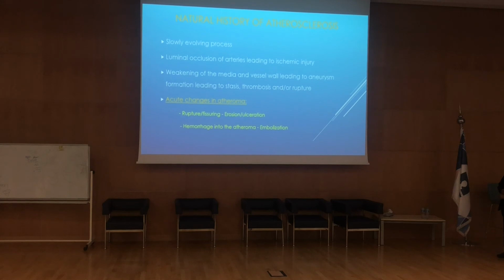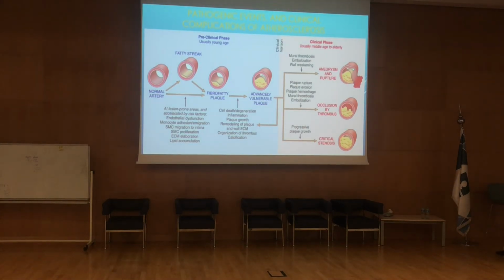What are the acute changes? Rupture, fissuring, erosion and ulceration. Once there is ulceration, they can have hemorrhage into it, they can have thrombosis, and finally embolism. And if the whole atheroma is embolized, it's called atheroembolism. The whole thing is going into the body.